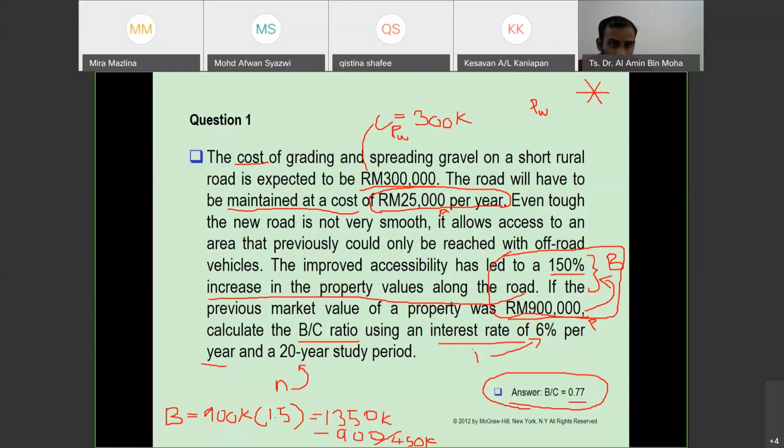And this benefit is 25,000 per year A, so you change it to P. Okay, you change it to P. And then easily you can calculate the BC ratio, B minus D, then you divide it with the C, cost.